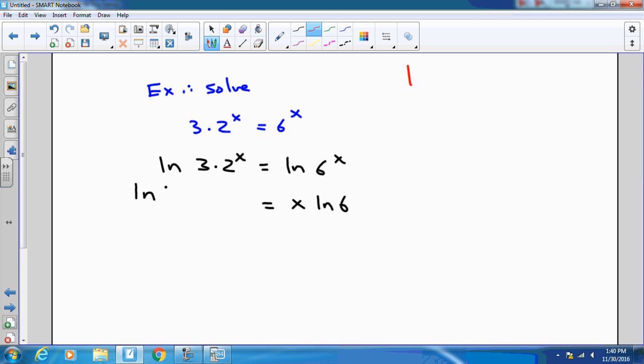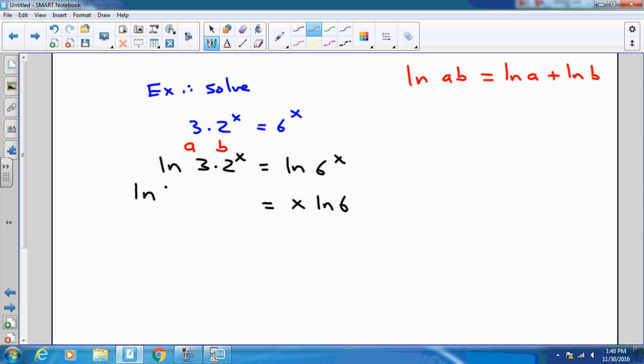And you wanted to use the product property, right? So the product property has a certain form to it. It has an A and B. What are the A and B that you're looking at?